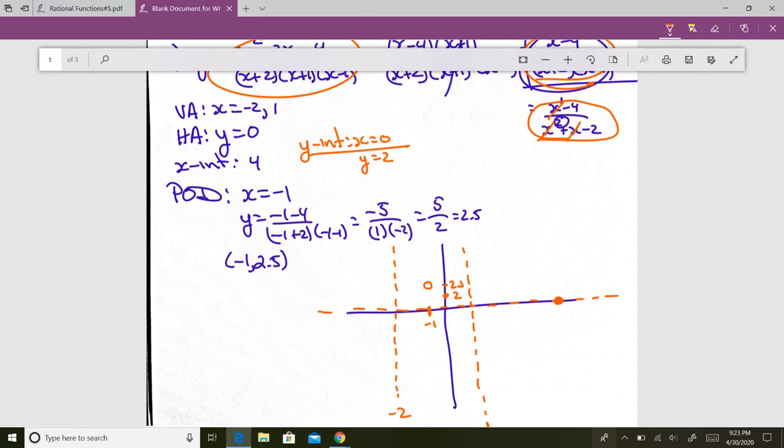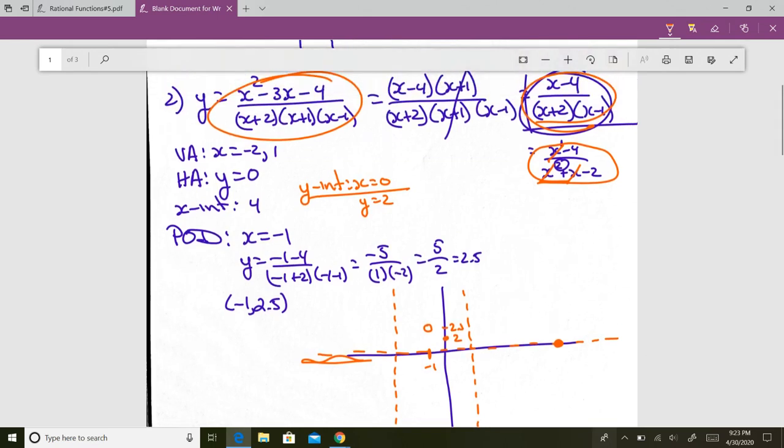All right. If you don't have any information, like over here, just pick a point that is less than negative 3. Well, what's a point that's less than negative 3? Negative 4. If you put negative 4 into this function, you're going to get negative 4 minus 4, negative 4 plus 2, negative 4 minus 1.